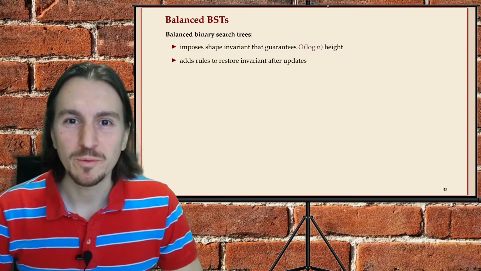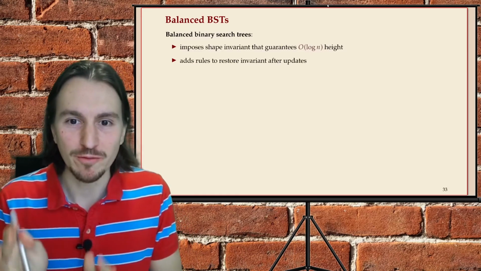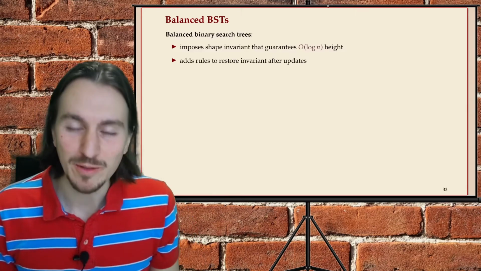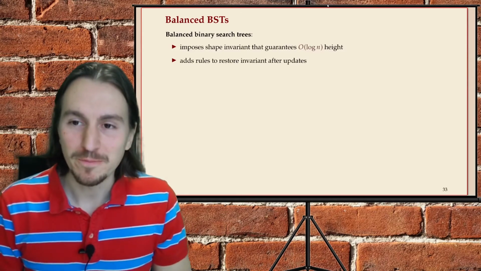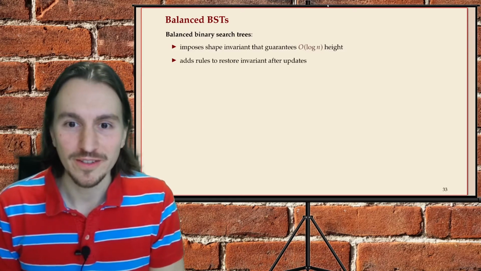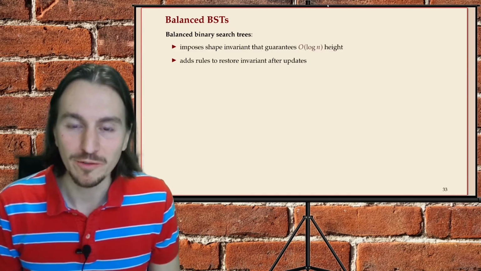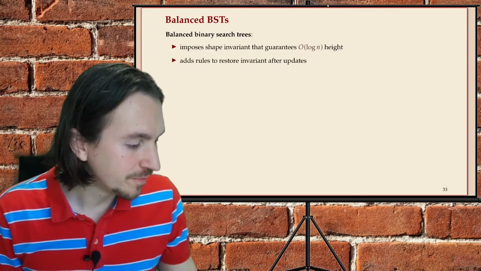That said, we don't have time to really go into the detail of any of these, but I want to give you a rough flavor, and I want you to be able to use these as a black box in a sense. If you ever need to know more, the lecture videos that I referred to earlier have details about one of these variants. So what is a balanced binary search tree?